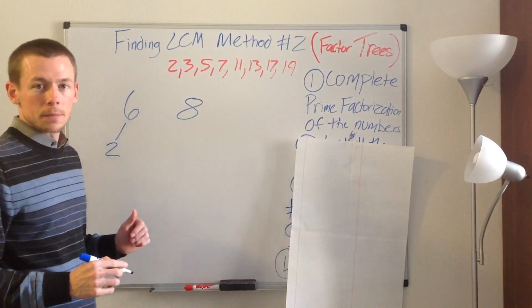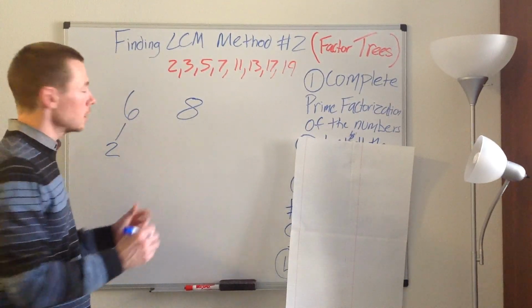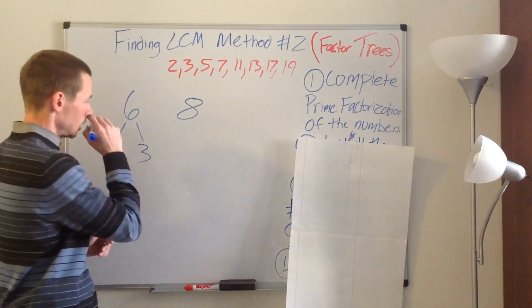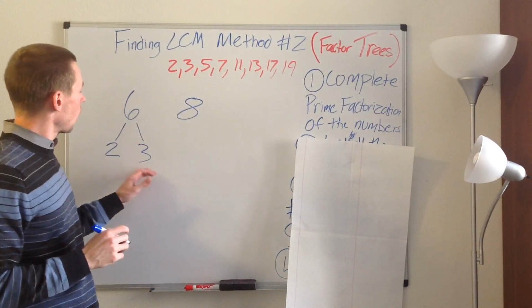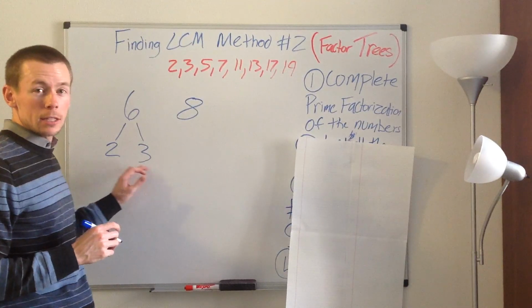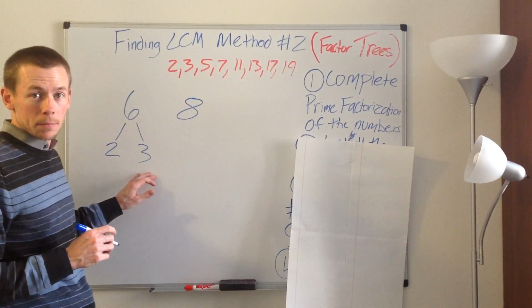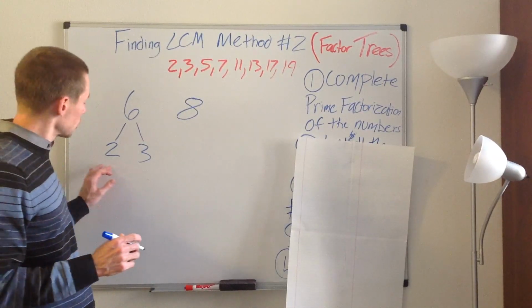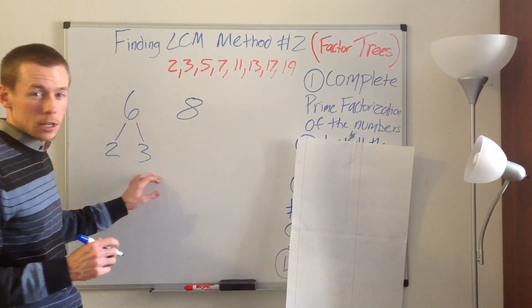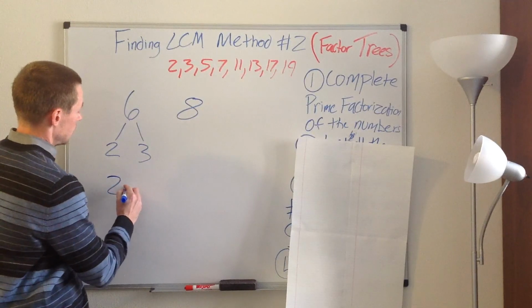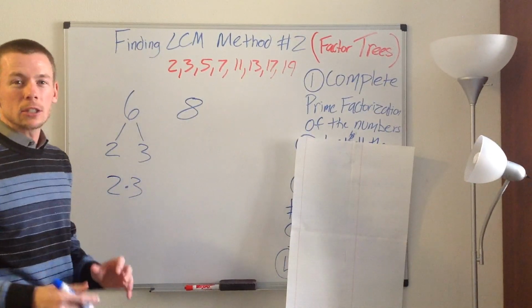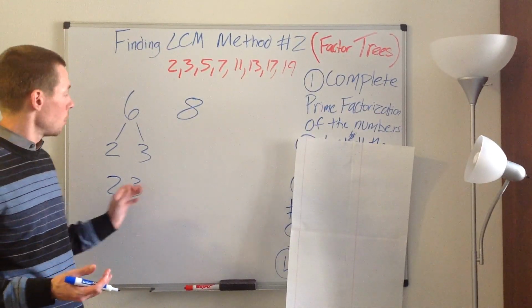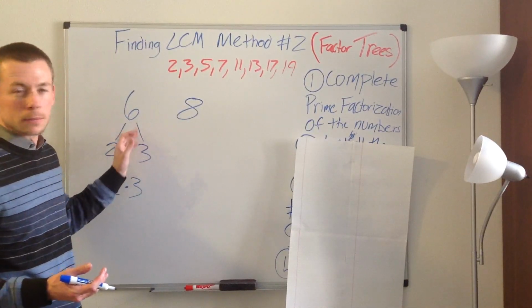Yes, it does, 3 times. Are 2 and 3 prime? Yes, they are. So the prime factorization is 2 times 3.